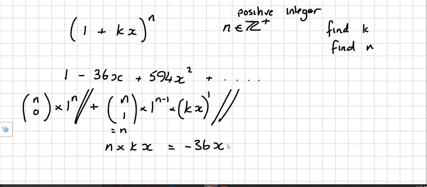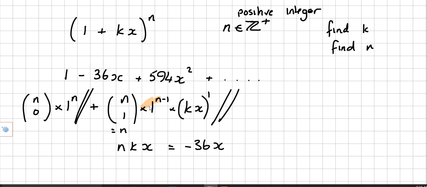But how is it n times kx when you still have the times 1 to the n minus 1? Because when 1 is the base, anything to the power is always 1. This would be a much more difficult question if we had anything other than 1. If that wasn't a 1, it would change the question completely. But you don't know what n is. We don't yet, no. I don't know that n is 1. I know that that's n, but I know 1 to the power of n minus 1 is always going to be 1.